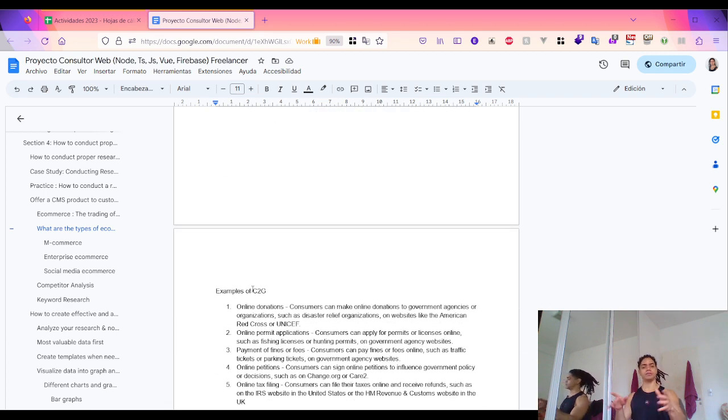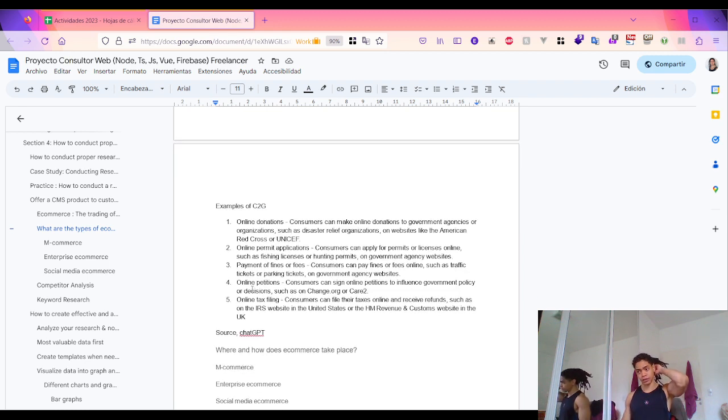And the other, ultimately, is the relationship between the consumers and the government, such as online petitions, licensing and permit applications, such as fishing licensing or hunting permits, payment of fines and fees, online donations, and online petitions.